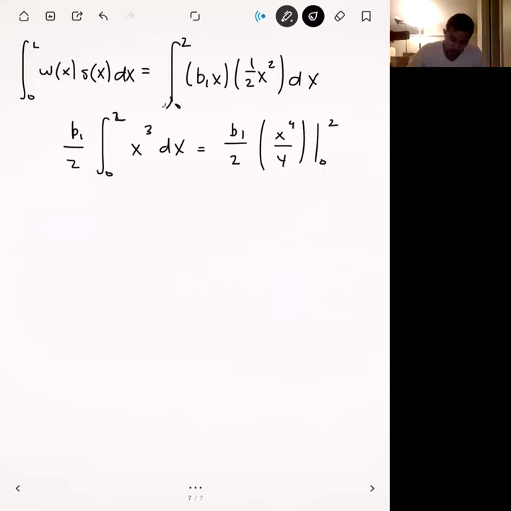We plug this in and get 2 to the 4th power, which is 16. So we have b1 divided by 8 times 16, which is equal to 2 b1.